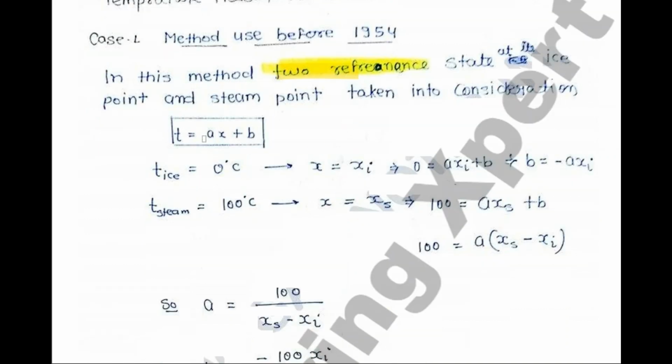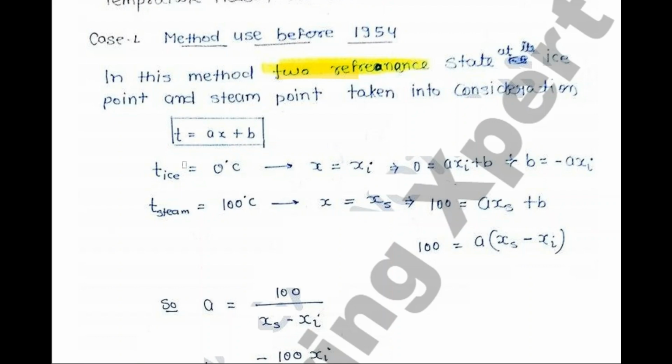So you can see, suppose T is linearly varying with X, and A and B are constants. If this is for the degree Celsius scale, then T of ice will be 0 degrees Celsius and T of steam will be 100 degrees Celsius.